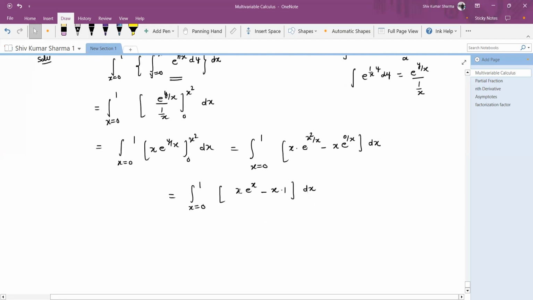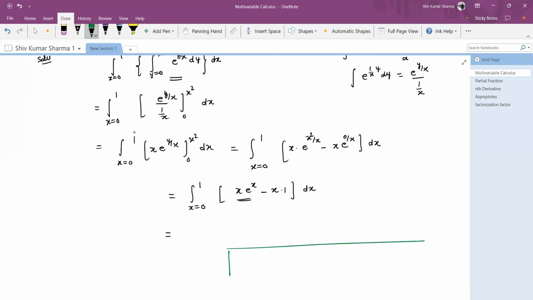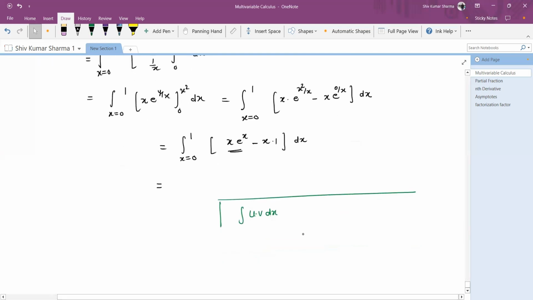Now we integrate this. You can use the direct formula. Remember this direct formula when we are going to integrate two functions u and v, both functions of x. We consider u for differentiation and v for integration.